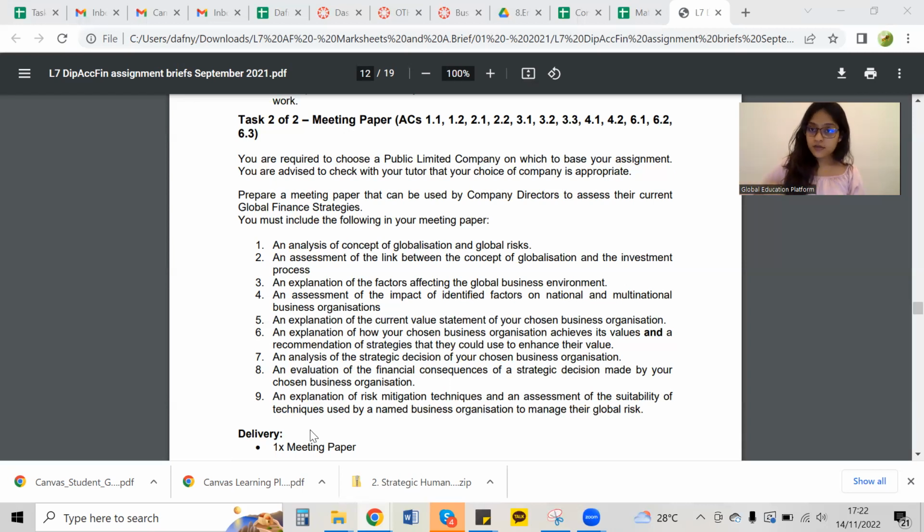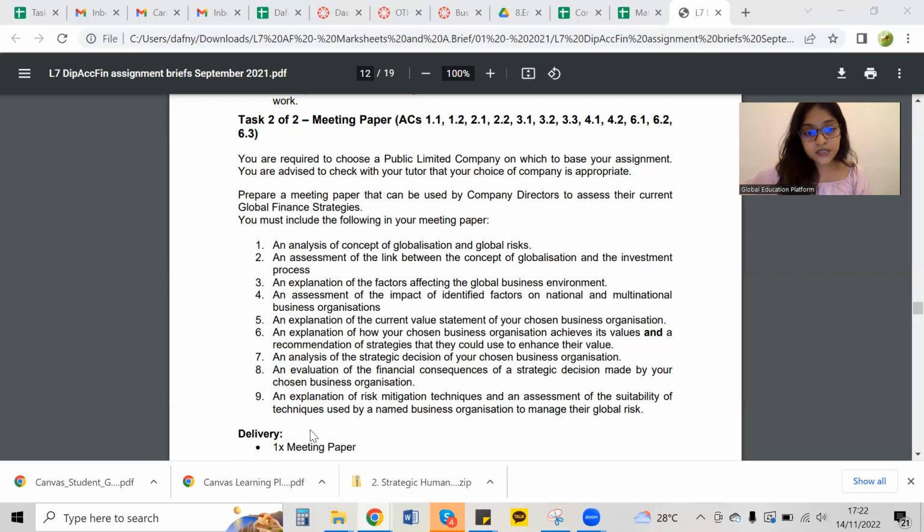So you identify the value of your chosen organization. Now you're going to explain how your chosen business organization would achieve its value, in what ways they could achieve the value, and also you're going to come up with strategies in a way that how the value could be enhanced in context of your chosen public limited company, right?